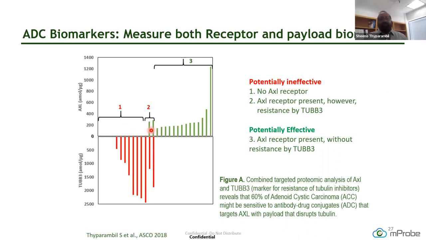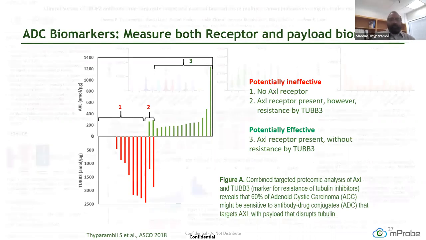In the second scenario, the ADC can bind to it and gets internalized, but once it is inside the cell, it has tubulin beta-3, which is a resistance mechanism for many anti-tubulin inhibitors. So that's not one that will be that effective. And then obviously the third scenario is, it binds, gets inside the cell, there's no resistance mechanism, and it should work. So these are the three ways an ADC could work, or not be successful.